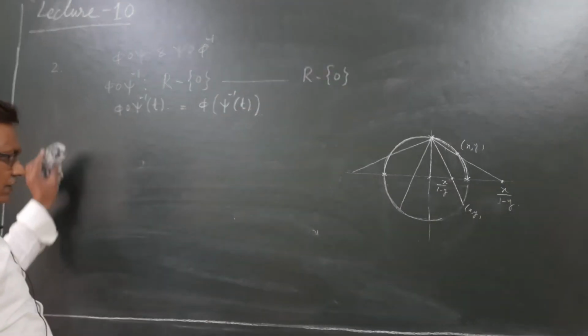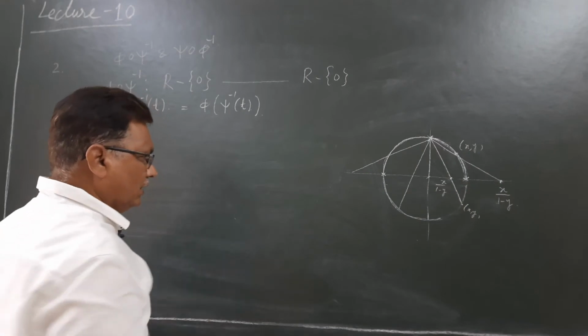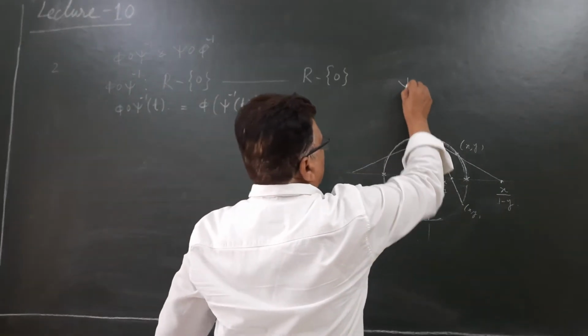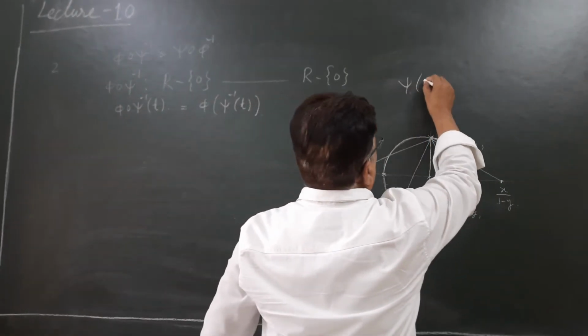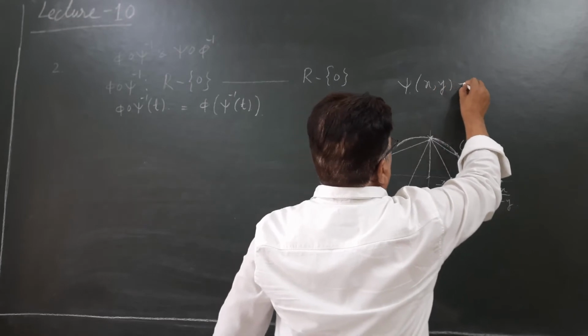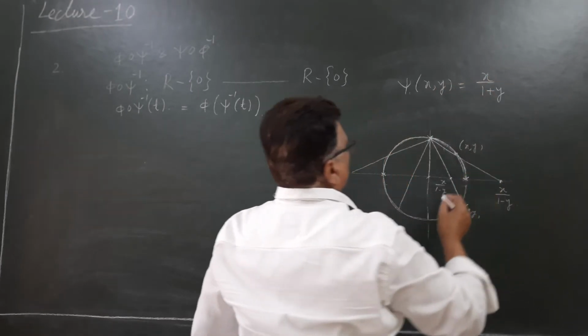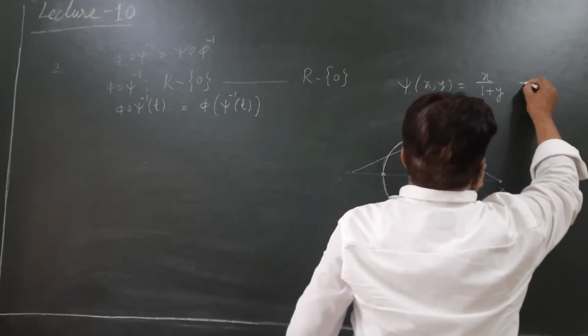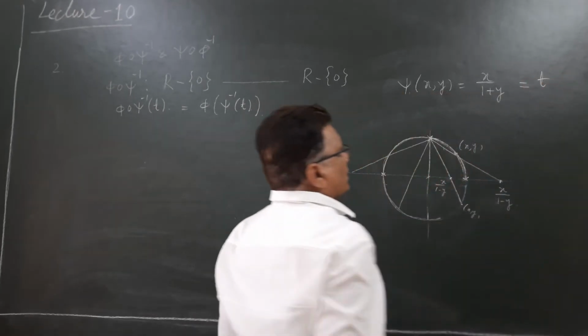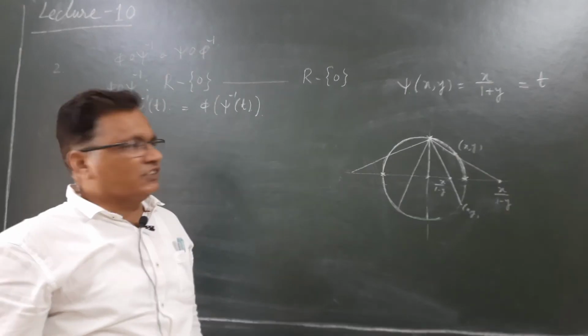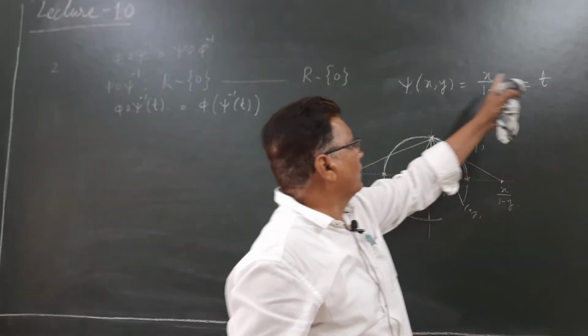Let me recall what psi was: psi of (x,y) was equal to x upon 1 plus y. Let me call this t for a while. Now I need psi inverse of t in terms of t.